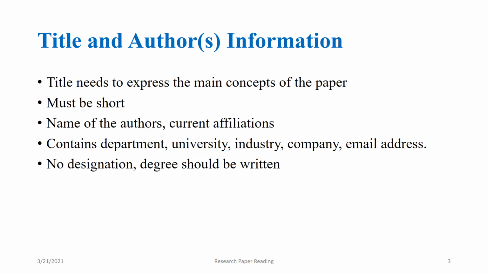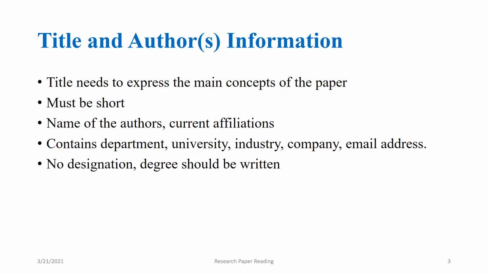Following the title we will see the author's information. At first we will see the names of the authors, and following that, the current affiliation of the author. Affiliation means under which institution the research has been done, or for which institution the author is working and doing his or her research. Affiliations contain the university name and department name if the author works for a university.